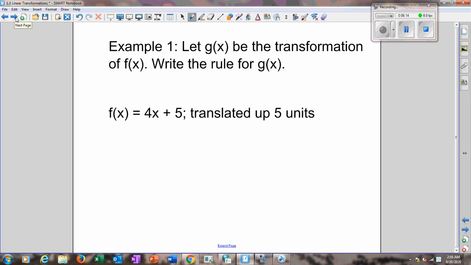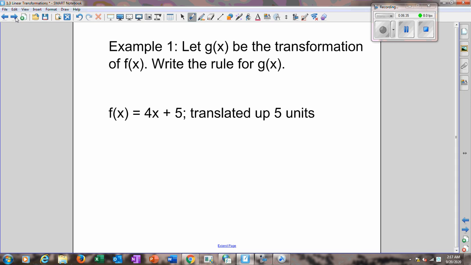Okay, let's try the first example. Let g of x be the transformation of f of x. So g of x just means a new function. And it says write the rule for g of x. So we start with f of x equals 4x plus 5. This gets translated up 5 units.